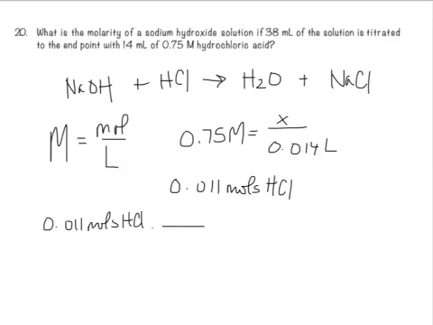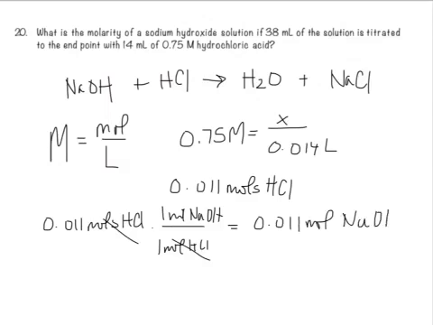While I look at the balanced formula, everything is in a 1-to-1 ratio. So for every 1 mole of HCl, there is 1 mole of sodium hydroxide. The hydrochloric acid cancels. Multiply and divide by 1 you don't have to do, so 0.011 moles of sodium hydroxide.